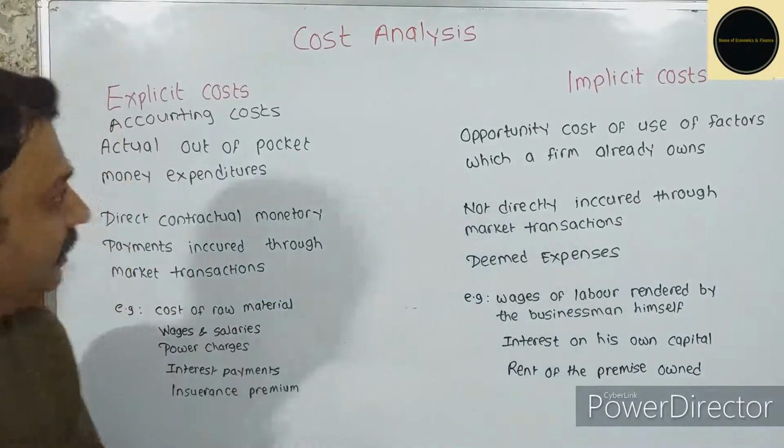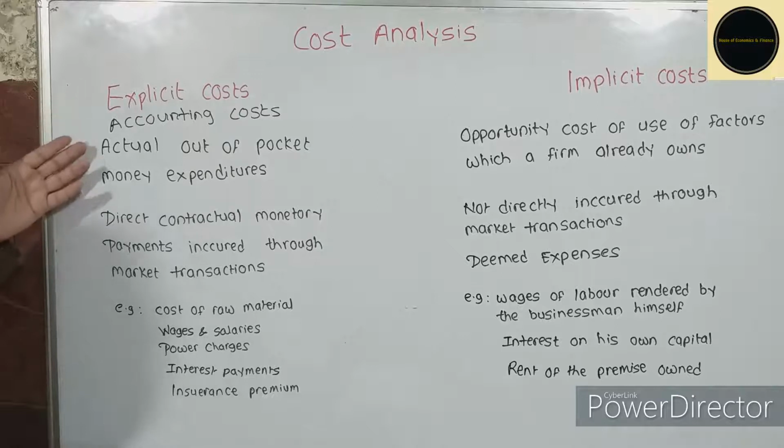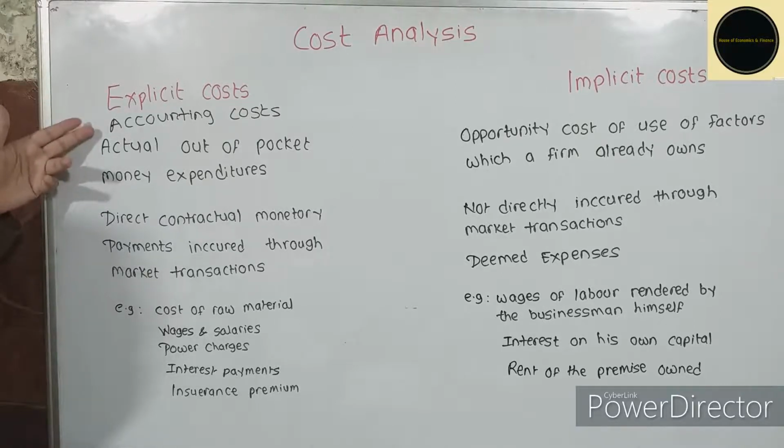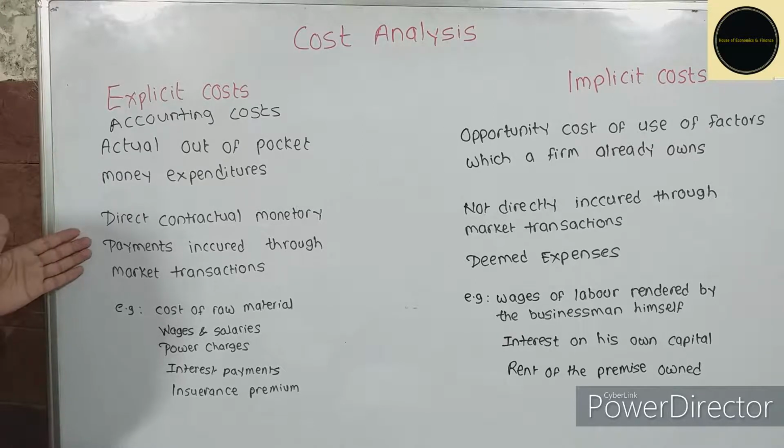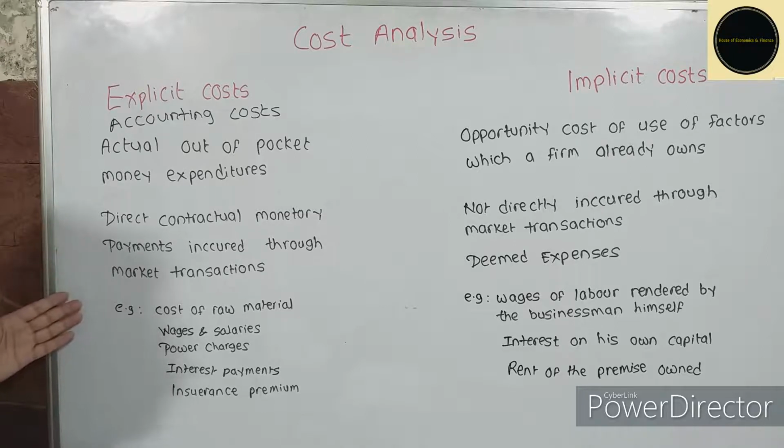So here I have written this. Explicit costs are also called accounting costs. These are actual out-of-pocket money expenditures incurred by the firm in the production process. These are direct contractual monetary payments incurred through market transactions. This is what I was talking about.